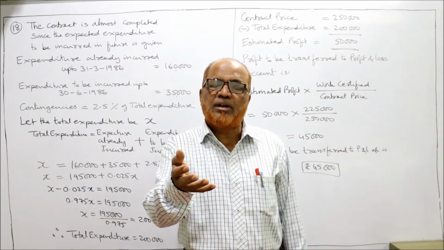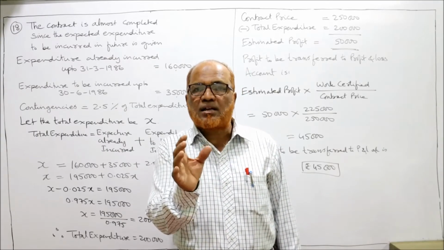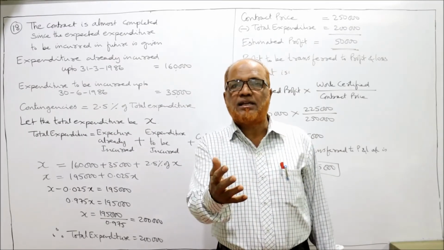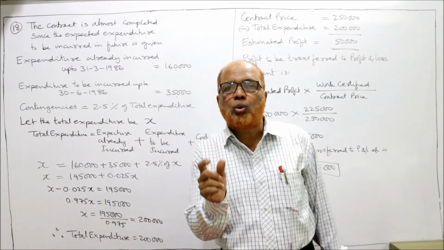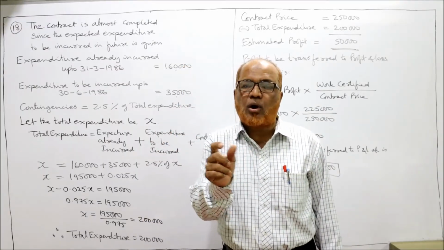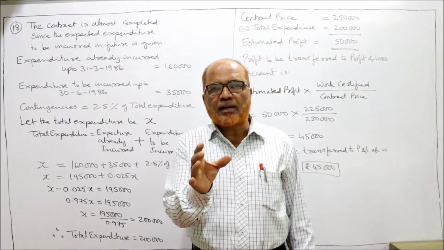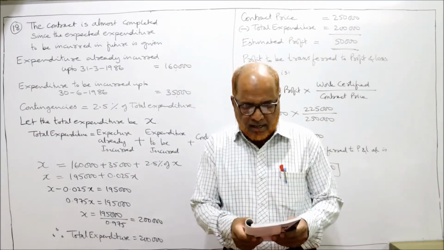Sometimes the expenditure may be a little bit more or a little bit less. So to avoid this, we make a provision, contingencies. Some emergency expenditure will be kept. So here contingencies are to be provided at 2.5% of the total contract cost. Whatever the total contract cost is, the contractor has to make 2.5% of it as contingencies.